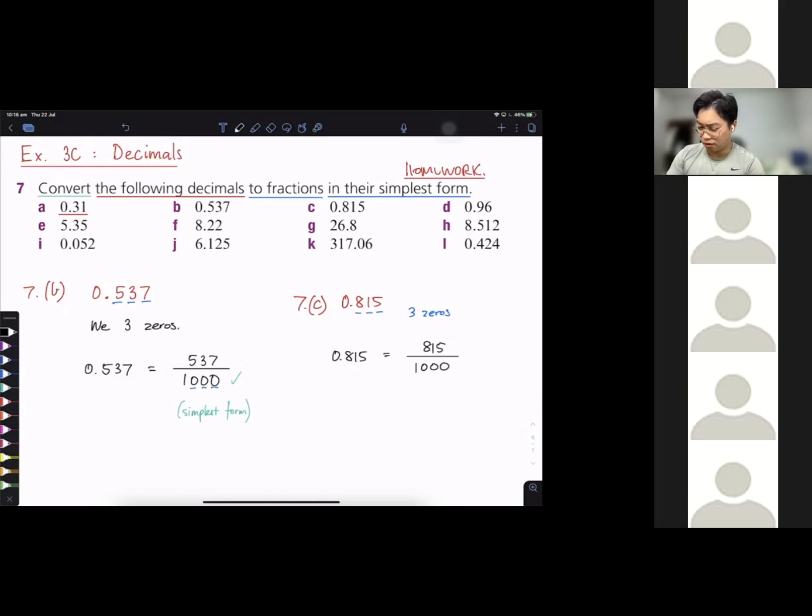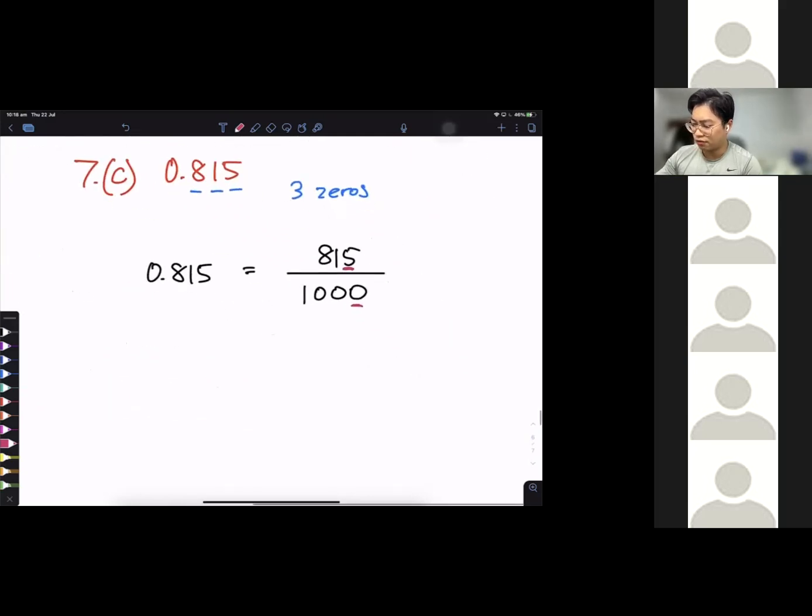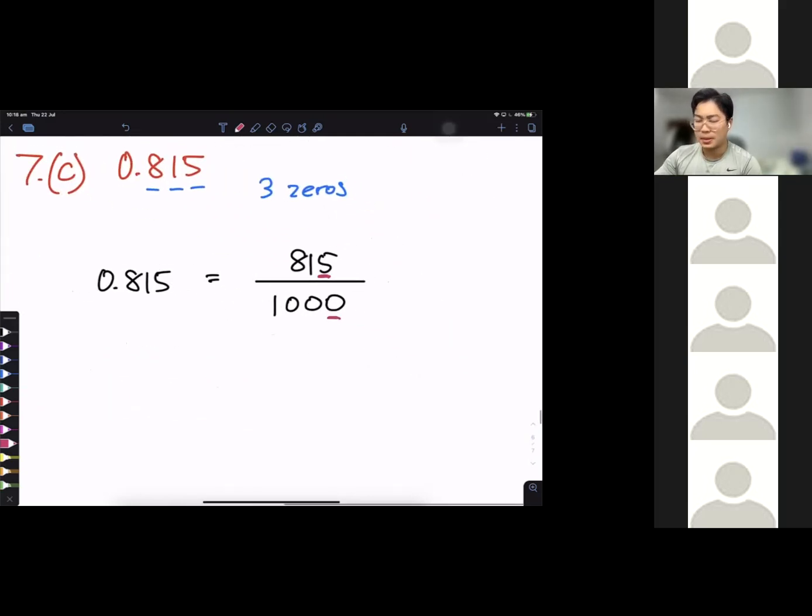Now, can we simplify this? Yes. What's the clue here? 5 at the end and the 0 at the end as well. So what is this divisible by? 5. 5, fantastic.